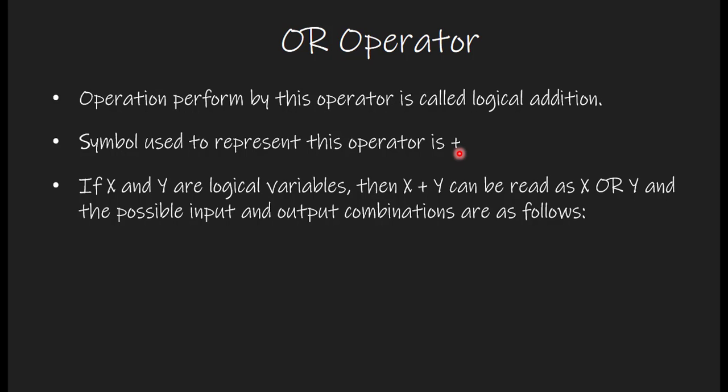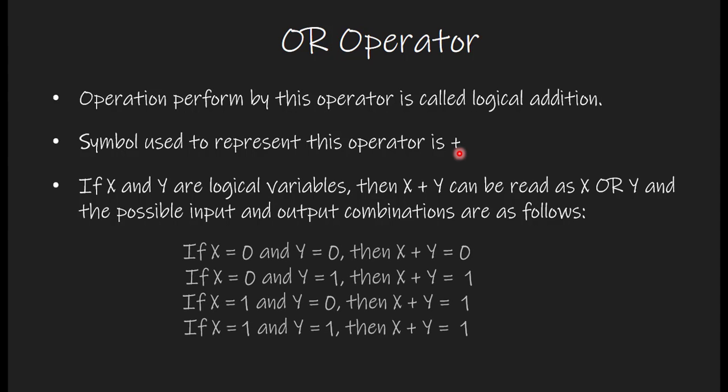Then what will be the possible combinations that can be given to this x plus y? When x has the value 0, then y can have either 0 or 1. This is shown here. In the first two lines, x is 0, and y can be either 0 or 1.